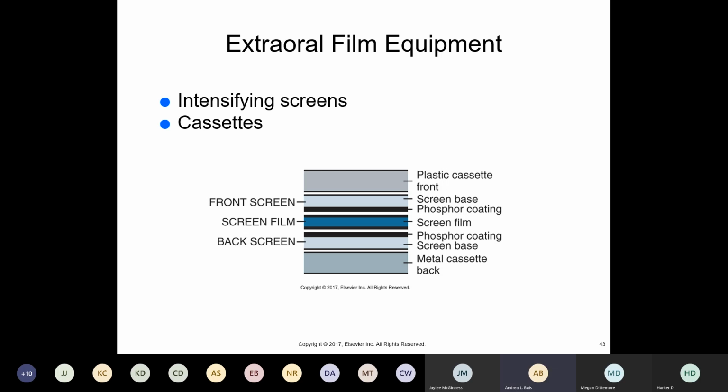So for extraoral film equipment, there are those intensifying screens, and those can be found inside of a metal cassette or a flexible vinyl. It's like a big long envelope that has these screens that slide down inside of it, that the screens are going to be on either side of your screen film.